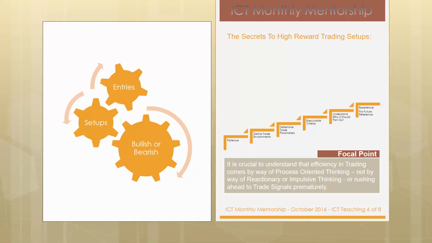And that means I can show you order blocks. I can show you breakers. I can show you institutional order flow returning back to a mitigation block. Okay, I can show you examples of that. But until you understand the process behind why these things should be doing what they're going to do, it's going to be really of no help to you.